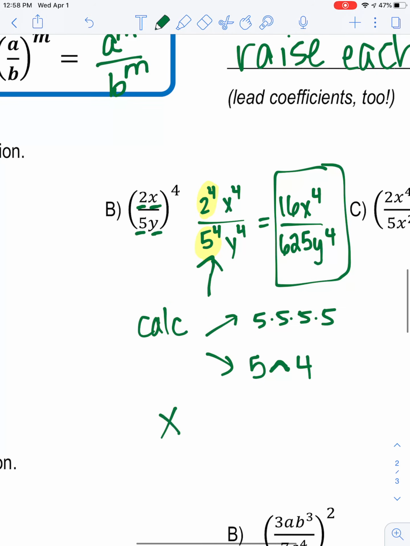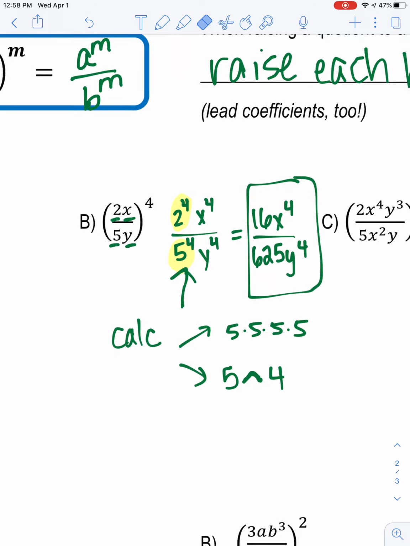There's also some calculators where it might look something like this, where they show you a power with a base and an exponent, and you probably put the 5 first and then press that button and then press the 4. So depending on what kind of calculator you have, look at your calculator, try to find that exponent button, try it out, and do 5 to the 4th power. Make sure you get 625.